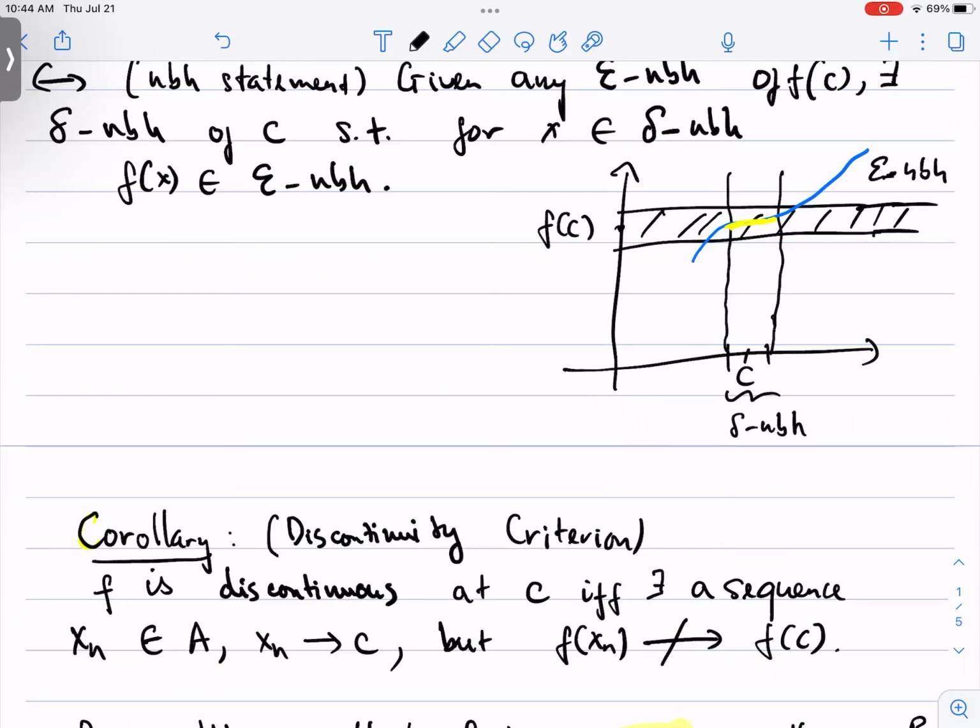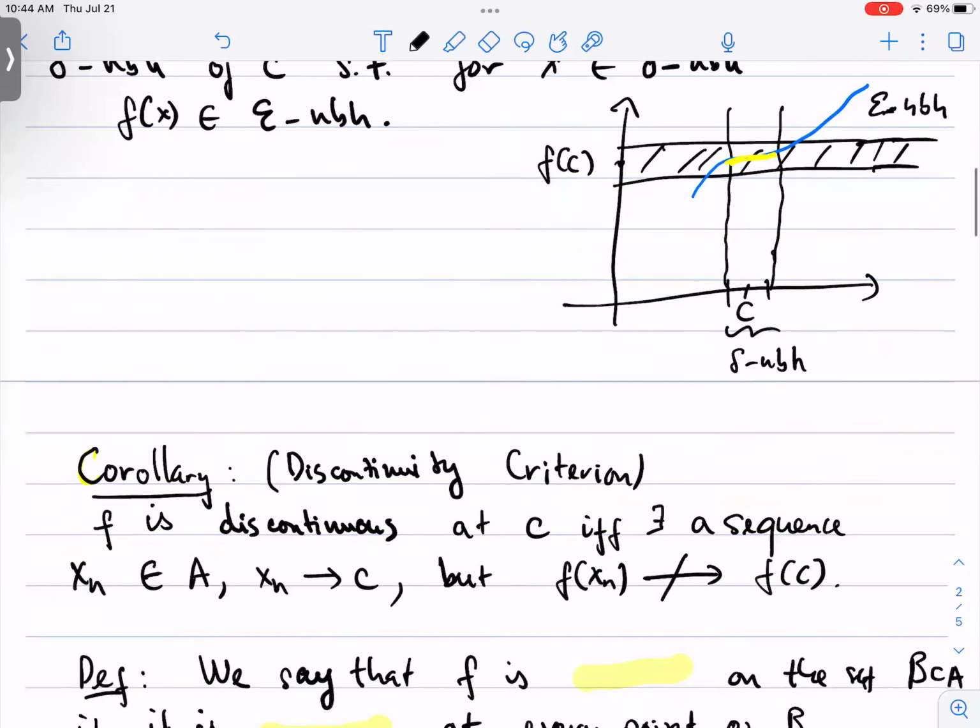We first specify a value epsilon which is very, very small. Then there exists a value delta such that for x within this delta neighborhood, f(x) must be within the epsilon neighborhood around the point f(c). So a very, very narrow neighborhood.